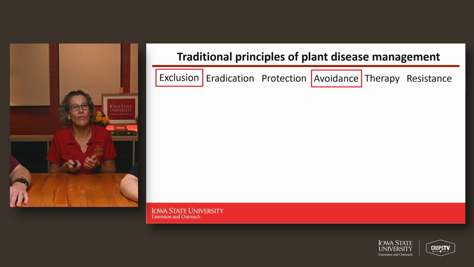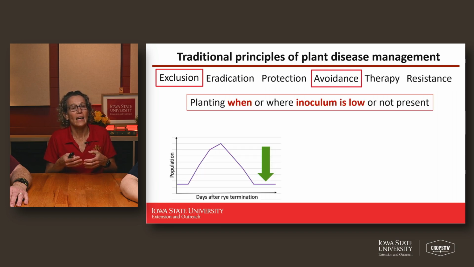And what we're going to be focusing on today is exclusion and avoidance. So this means planting when or where the inoculum is low or not present. You can see in the cartoon below, this shows you how those pathogens increase when the winter cereal rye plant is terminated and then decrease back to background levels.